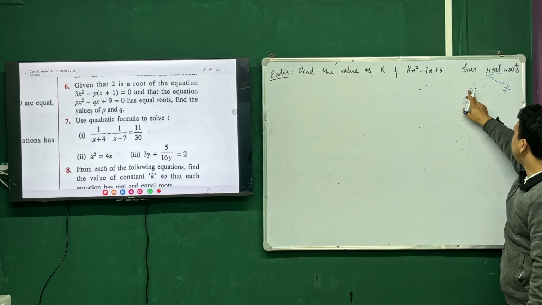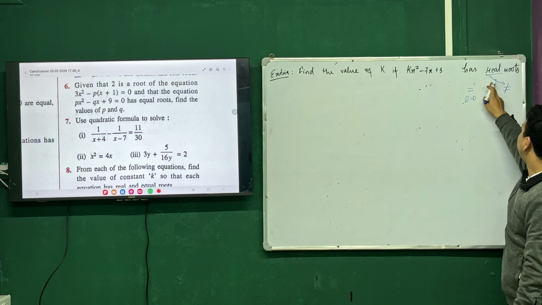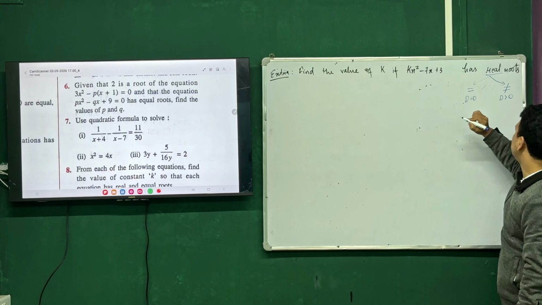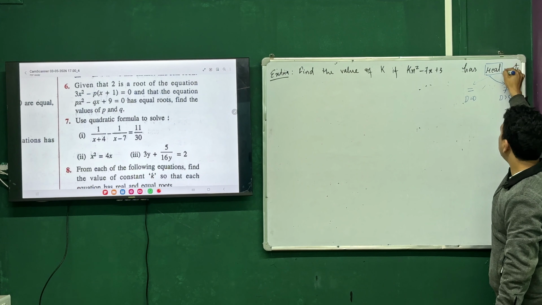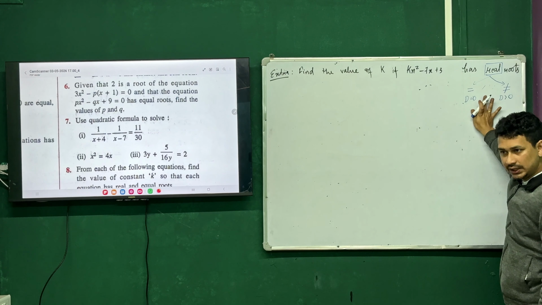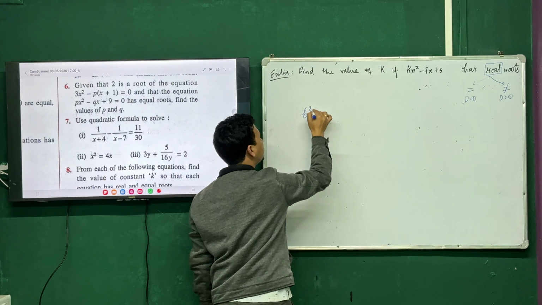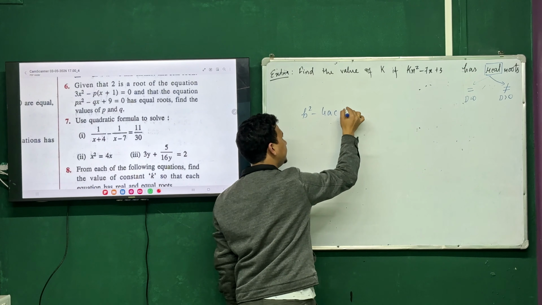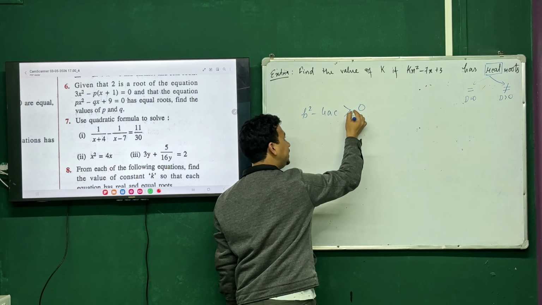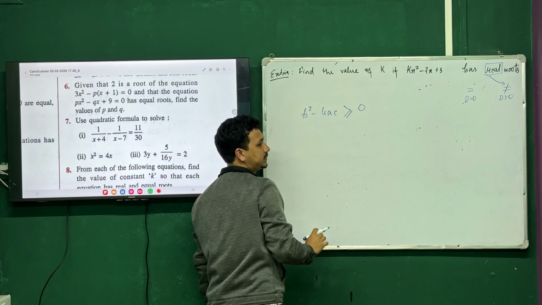If it is real and equal, obviously the discriminant will be 0. If it is not equal, obviously d will be greater than 0. But if it is mentioned in the question that the roots are only real, then your starting condition would be b square minus 4ac can be greater than 0, or can be equal to 0. So it will be greater than or equal to 0.